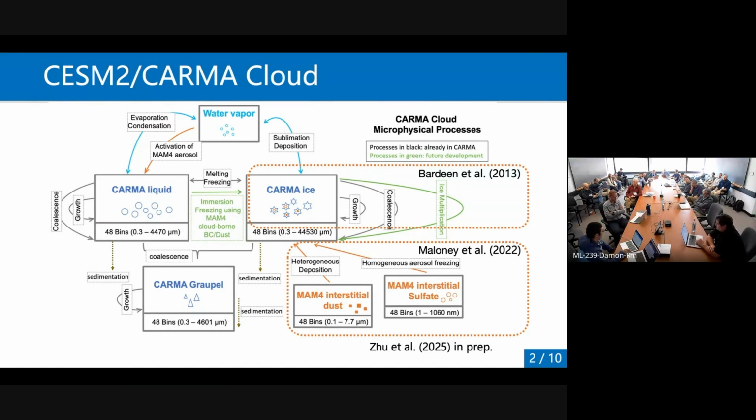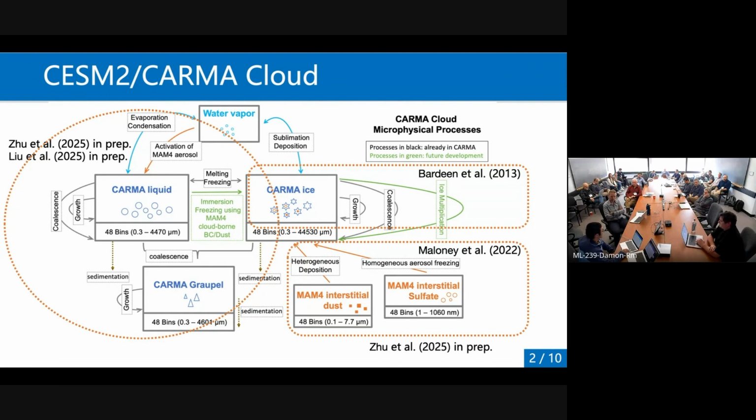Here we developed and evaluated the CARMA liquid cloud, combined it with the previous ice cloud, and also added graupel. So right now we have implemented CARMA cloud into CESM2. Hopefully we want to release this code this year.